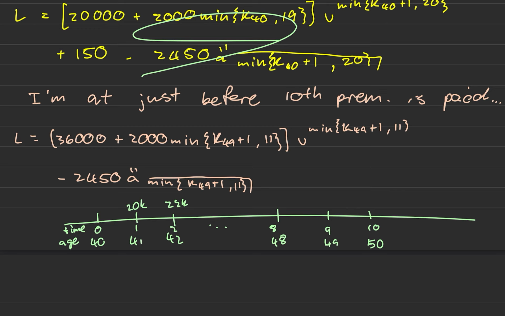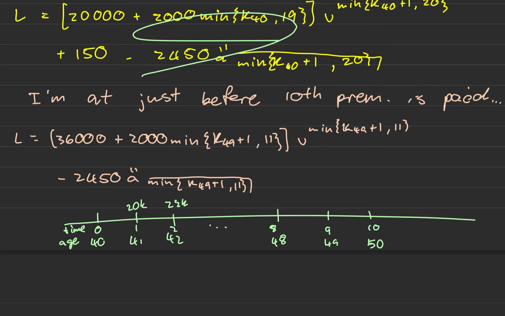Well, let's look at it at time 10. So at time 10, it would have had 9 increases. Because it started at 20,000, then it went to 22,000 at time 2. So at time 2, it had 1 increase. At time 3, it'll have 2 increases. So at whatever time, it has time minus 1 number of increases. So at time 10, it has 10 minus 1, 9 increases.